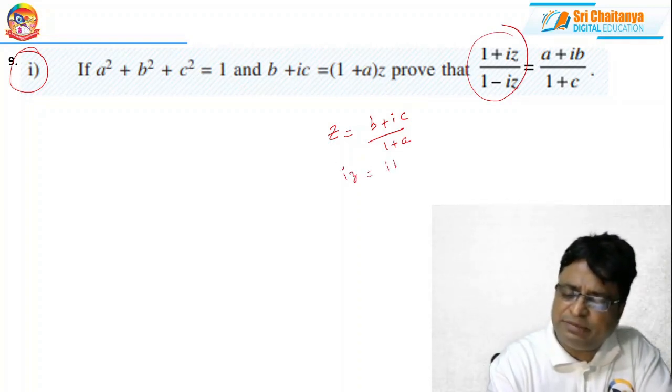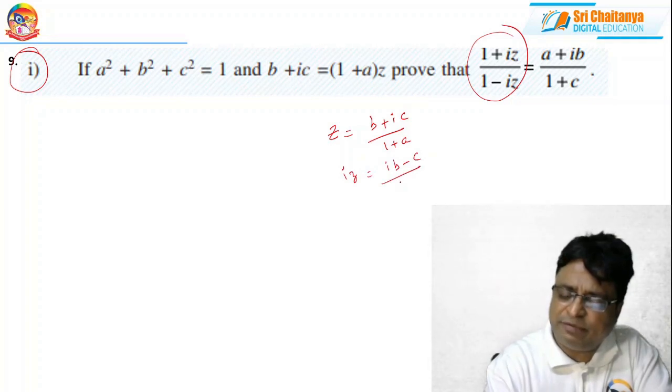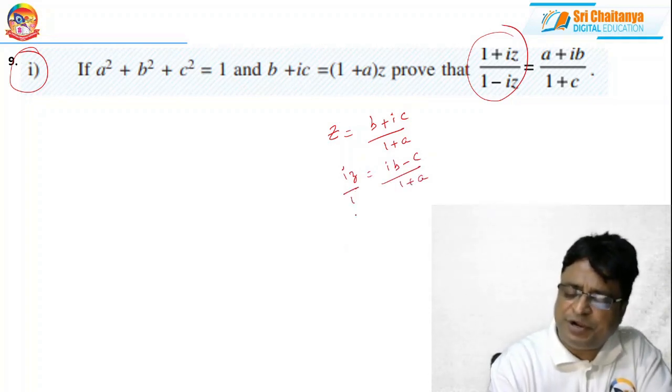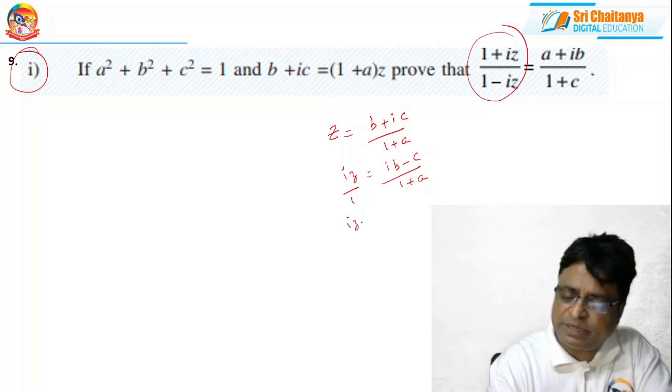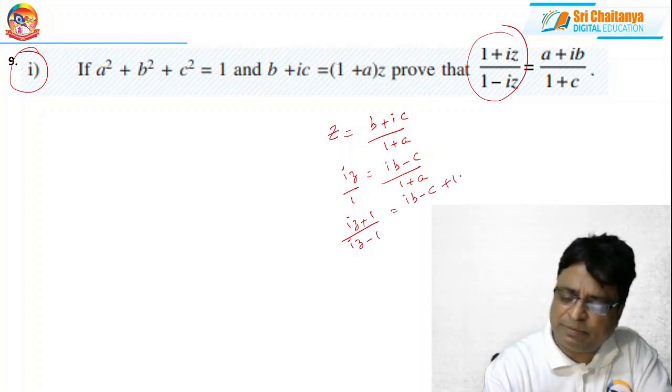That is ib minus c by 1 plus a. Apply componendo and dividendo. So iz plus 1 by iz minus 1. This is nothing but ib minus c plus 1 plus a by ib minus c minus 1 minus a.